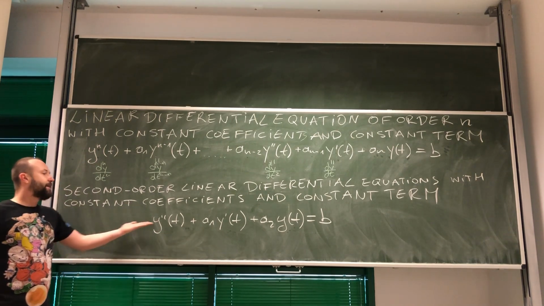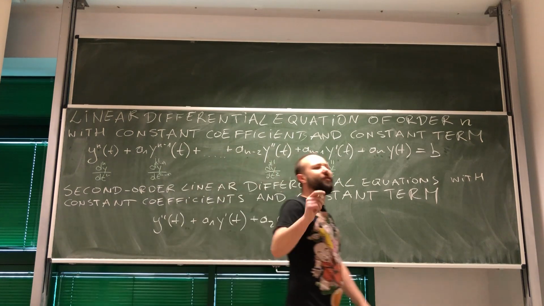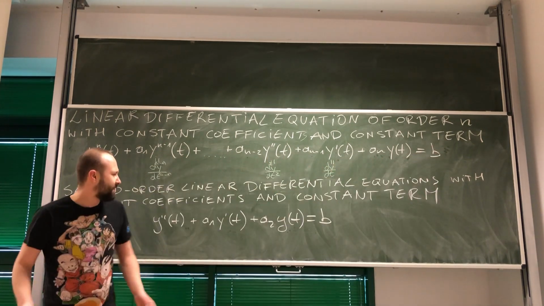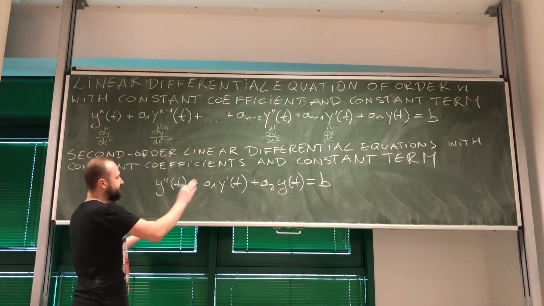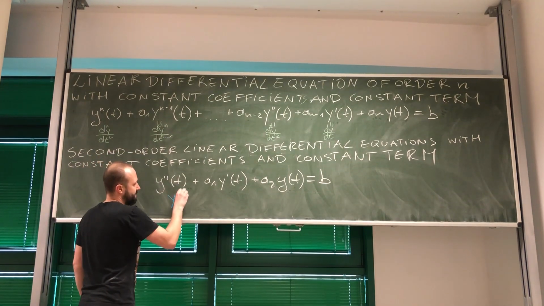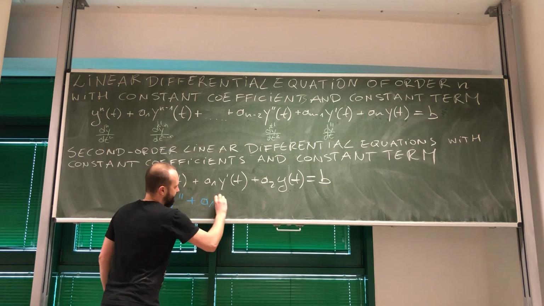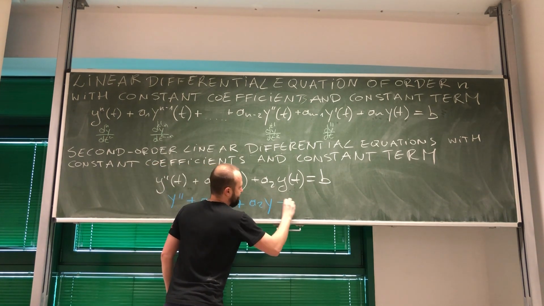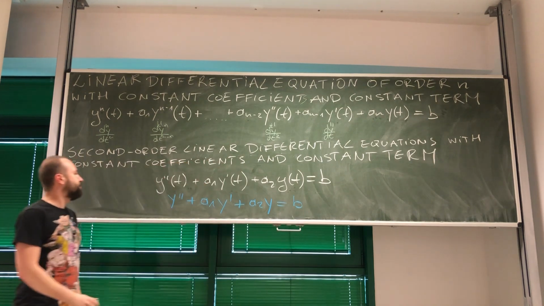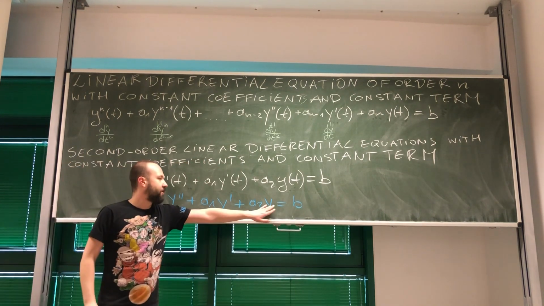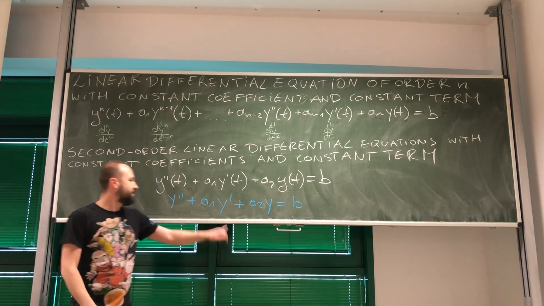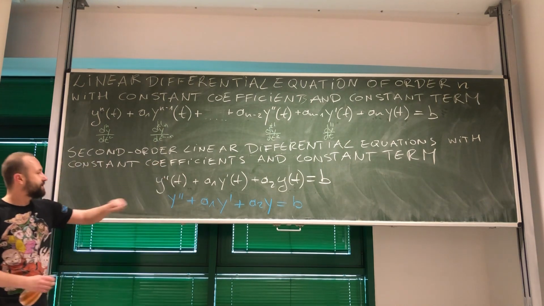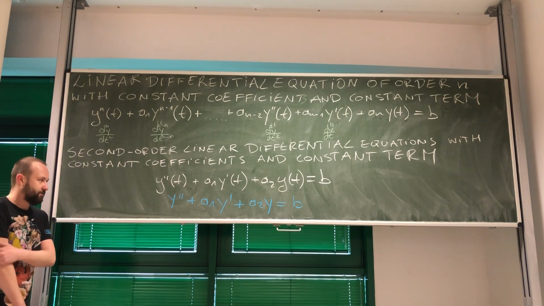However, writing it like this would be very time consuming. So from this moment on, I'm going to be writing this expression like that. But of course, please remember that here we just have y as a function of time. This is the first derivative of y with respect to time. This is the second derivative of y with respect to time.